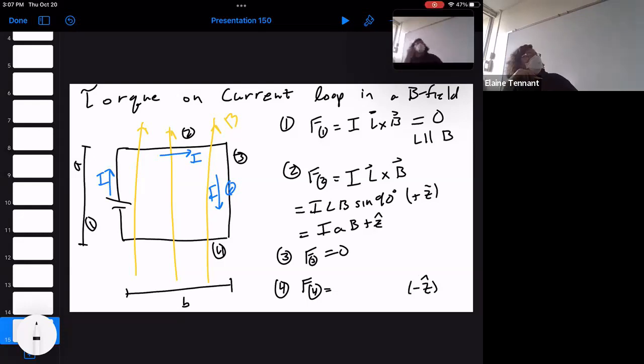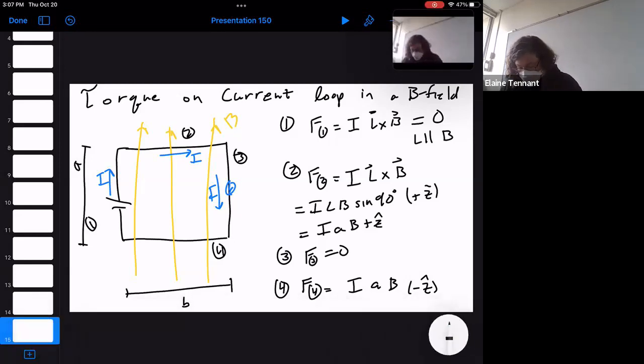Will it have the same magnitude or a different magnitude as the second chunk? Same, right? Because we have the same current, the same length, the same magnetic field. The only thing that's different is that it's into the board instead of out of the board. So hopefully you see that if you add up these four forces, you get 0. Just as it should be, the net force here is 0.